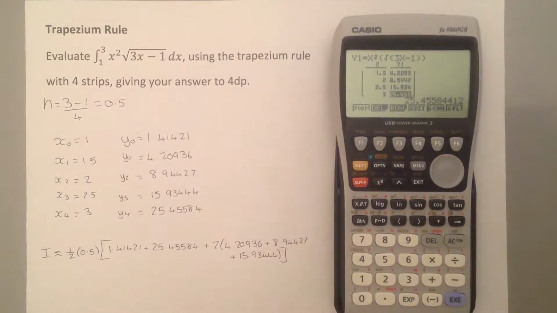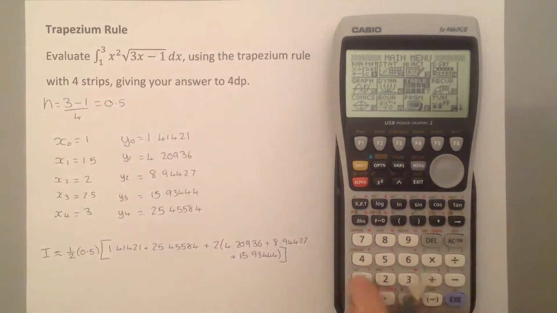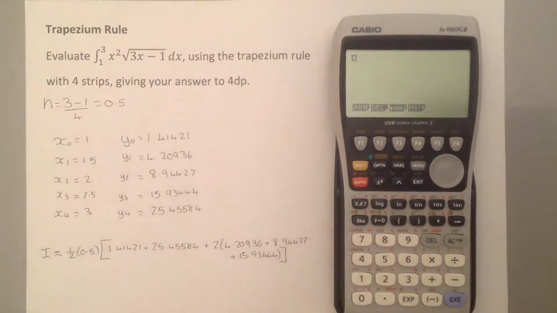And to get your answer, you want to type that exactly in as it is and let the calculator work it out for you. You will have to go back to menu and go to the normal mode to find your final solution.